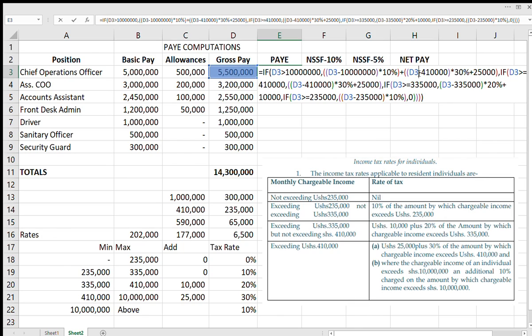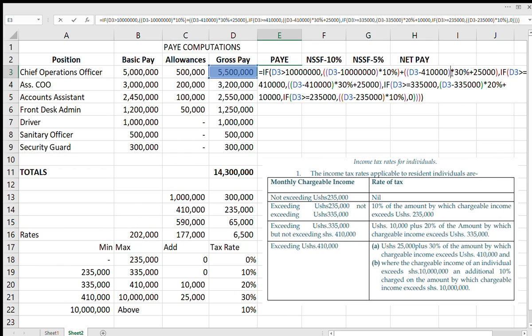Then we say if it was going above 10 million, then that D3 amount, we shall be getting the difference. It has exceeded 410,000 shillings. What's that difference? That difference is what will be the difference above 410,000 shillings.